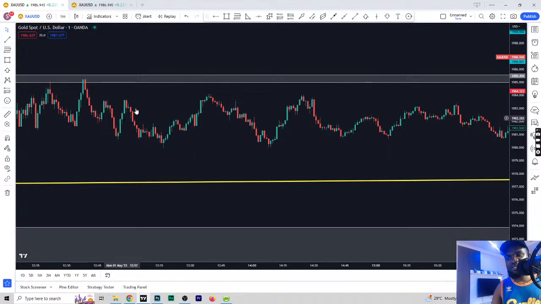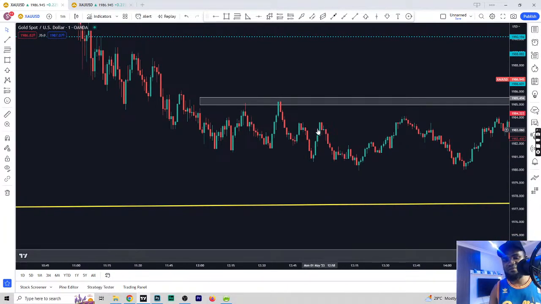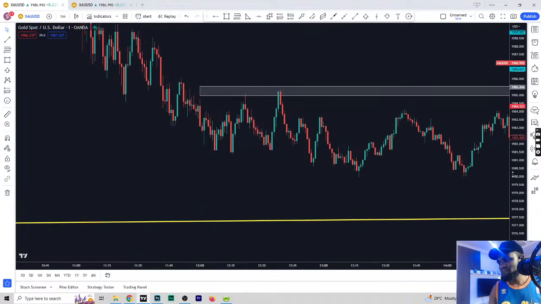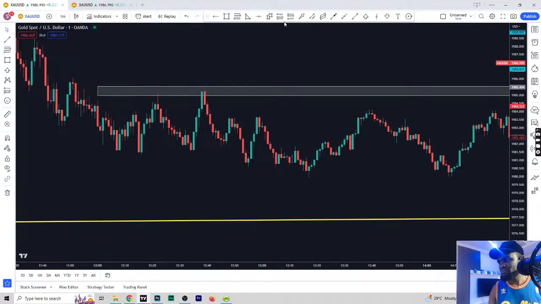Okay, one example, a very nice example here. This is manipulation, and you need to take a sell on this manipulation, and this is a resistance zone.